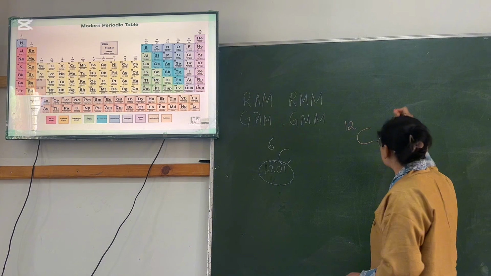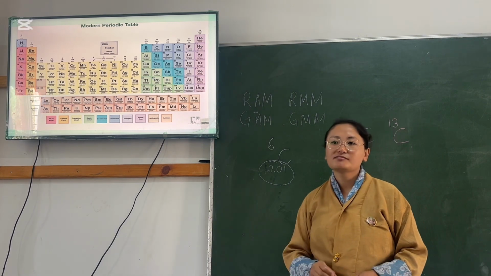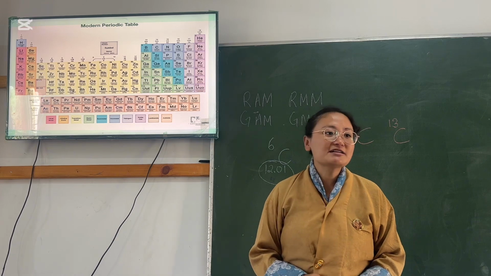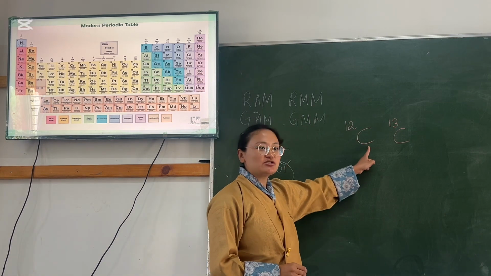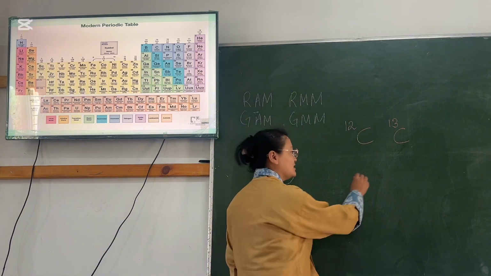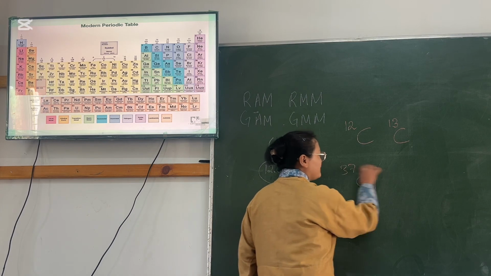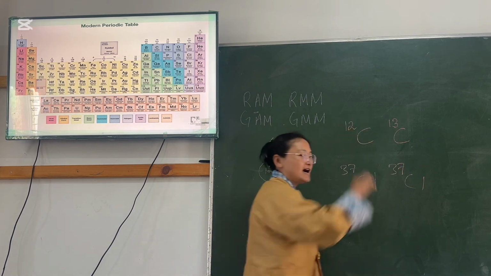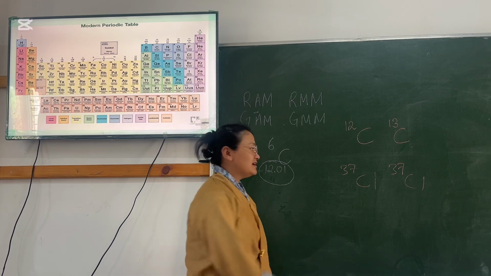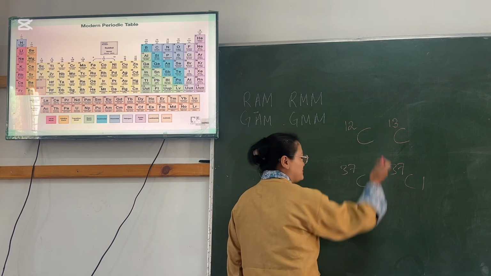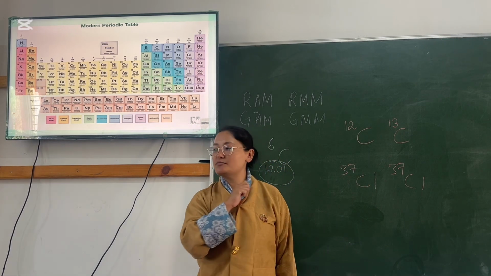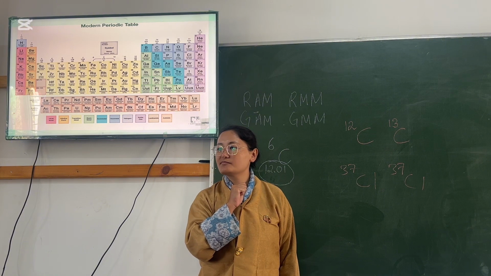What are isotopes, class? Carbon 12, carbon 13. Then chlorine 35, chlorine 37. These are isotopes. Same atomic number but different mass.